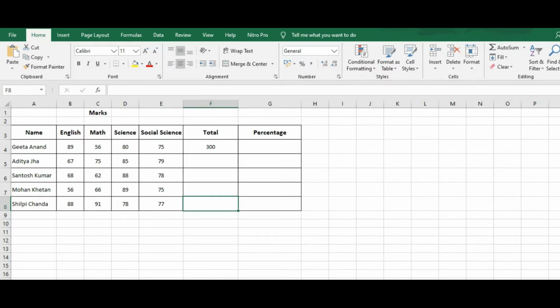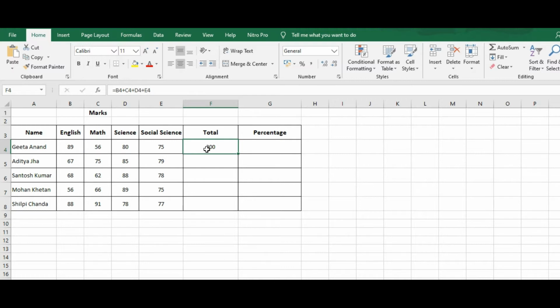Relative referencing. If relative referencing of a cell is used in a formula, the address of the referenced cell changes when the formula is copied into some other cell. For example, consider this cell. Here we have already written the formula to calculate the total.